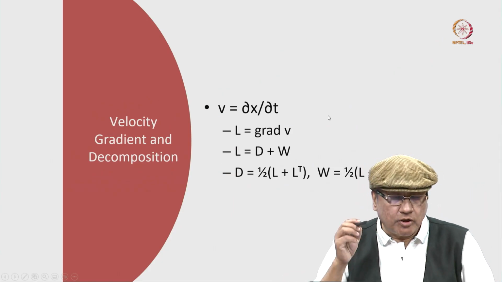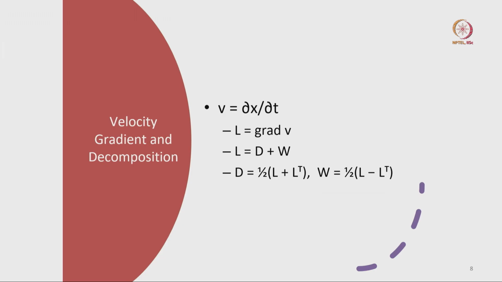Now let us understand velocity gradients and their decomposition. We have probably discussed this earlier, but it does not matter. First let us come to the issue of velocity itself. Velocity is the material time derivative of the deformation.